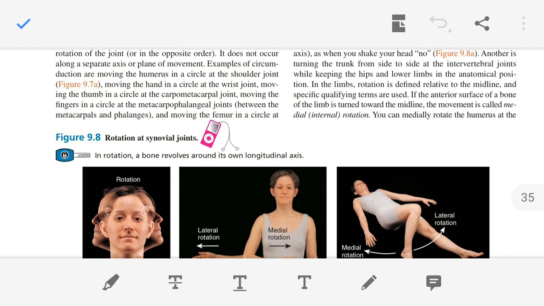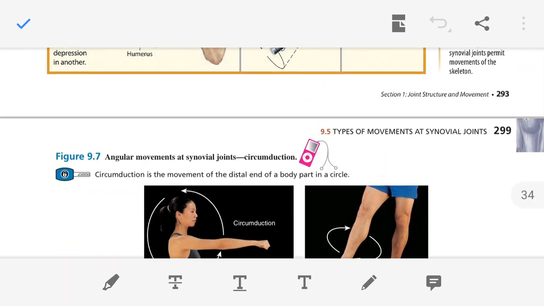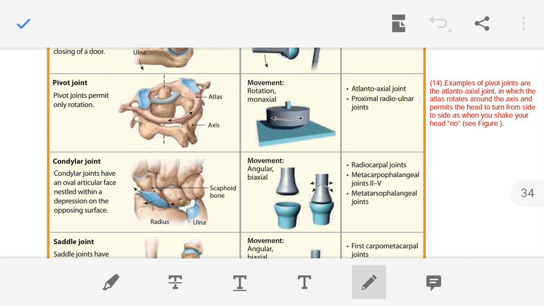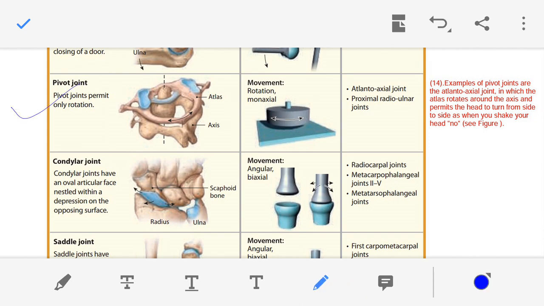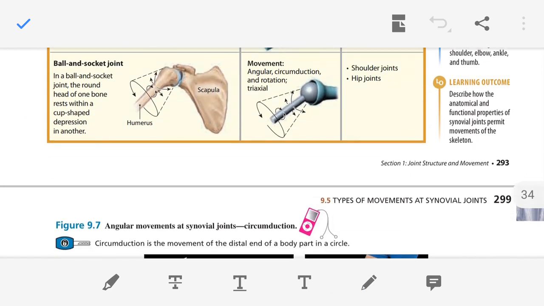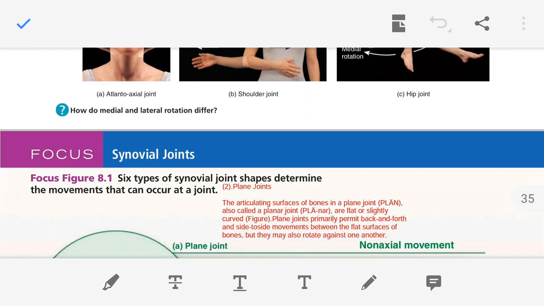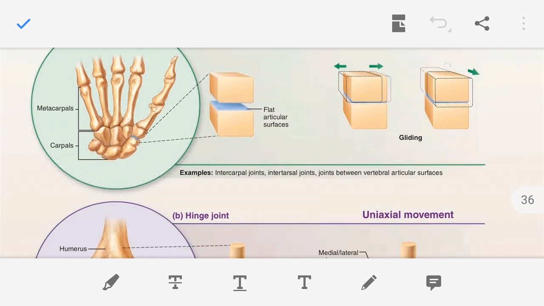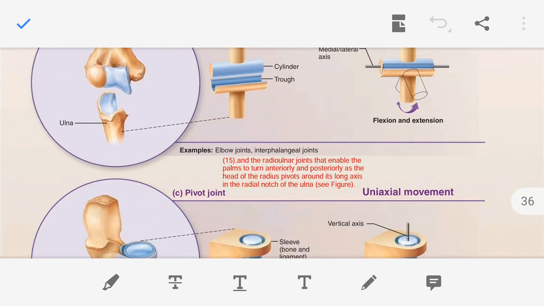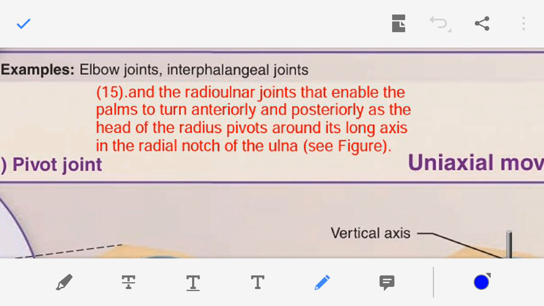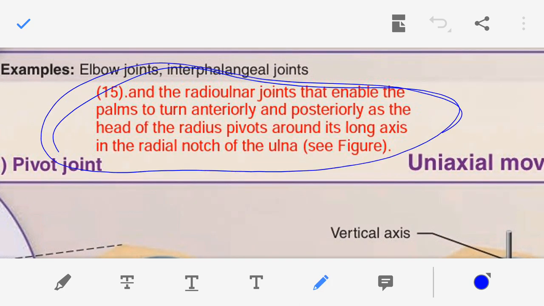So atlantoaxial joint and the radioulnar joint are examples of the pivot joint.